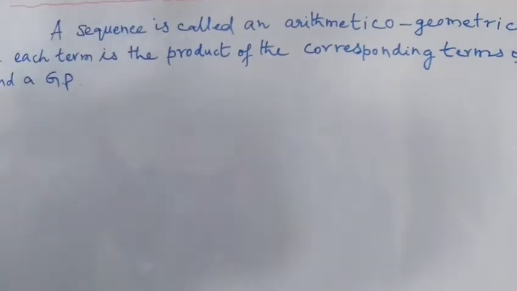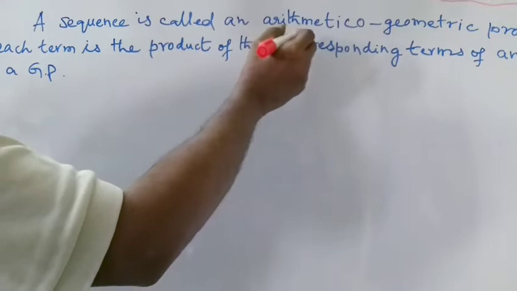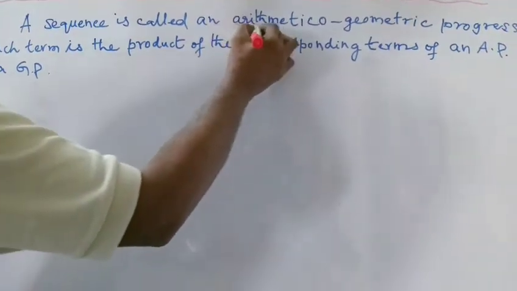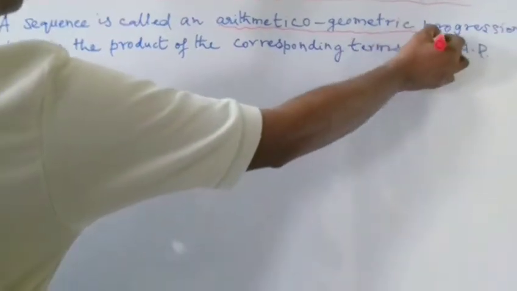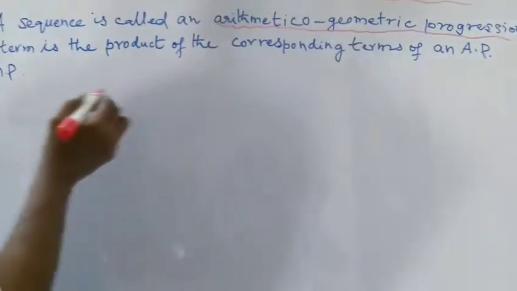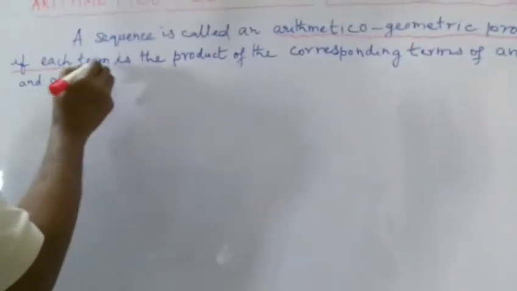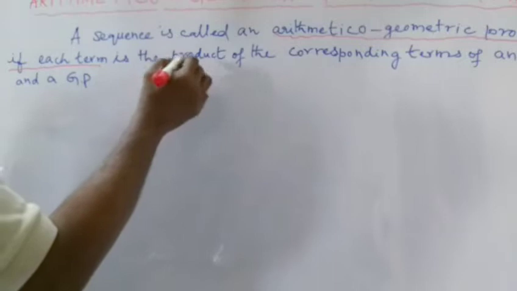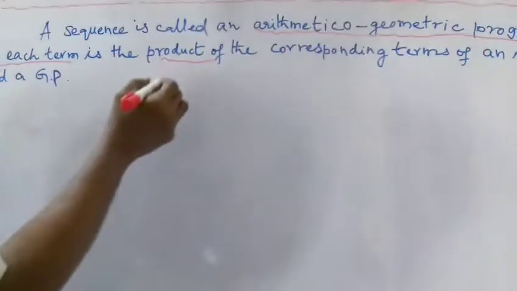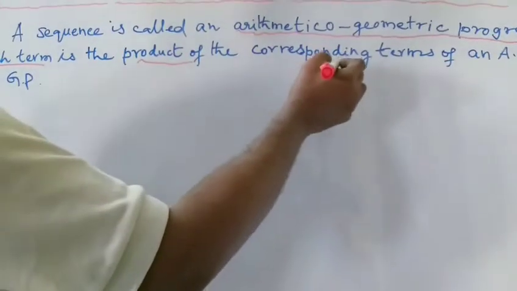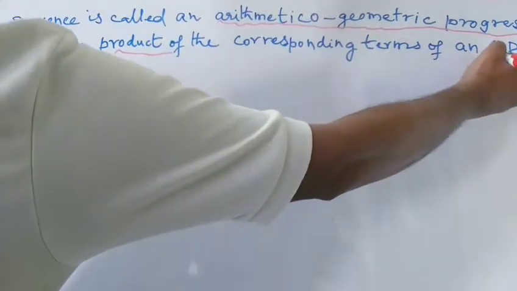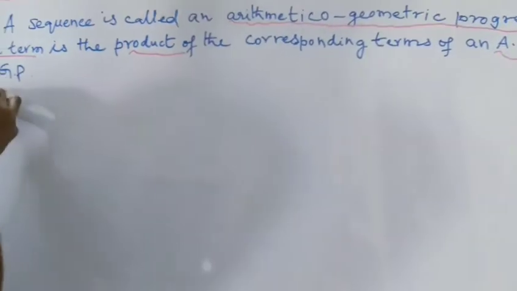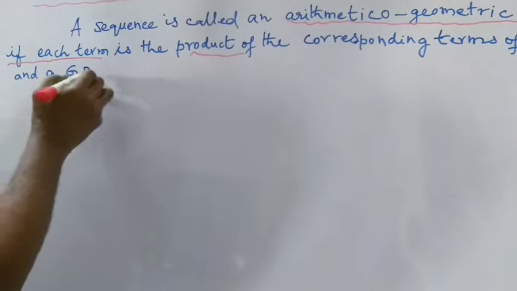A sequence is called an arithmetico-geometric progression if each term is the product of the corresponding two terms of an arithmetic progression and a geometric progression.